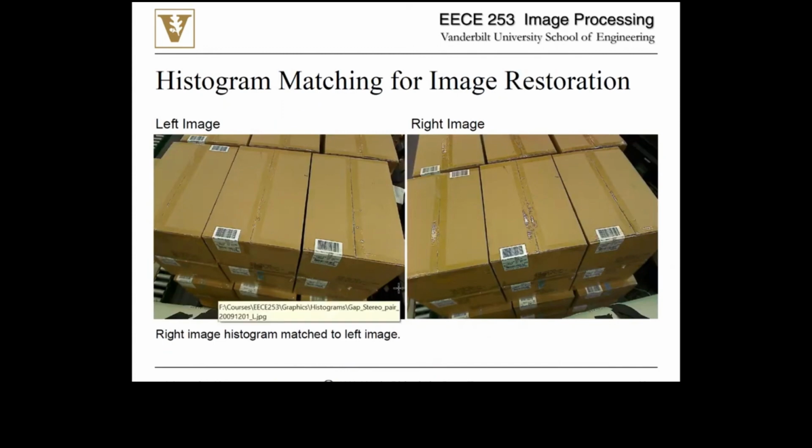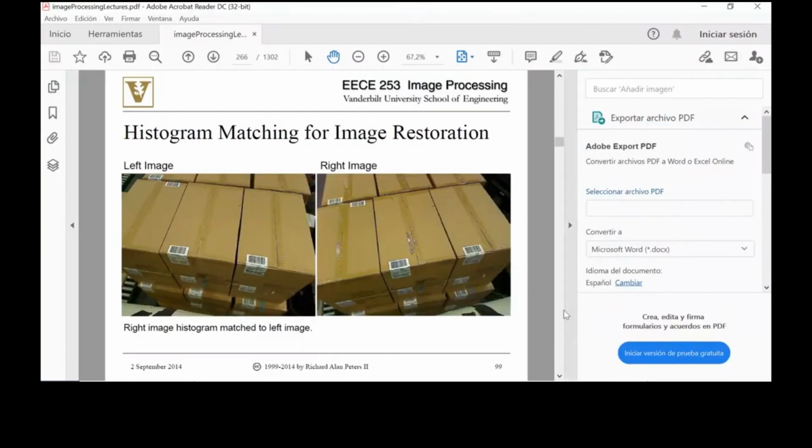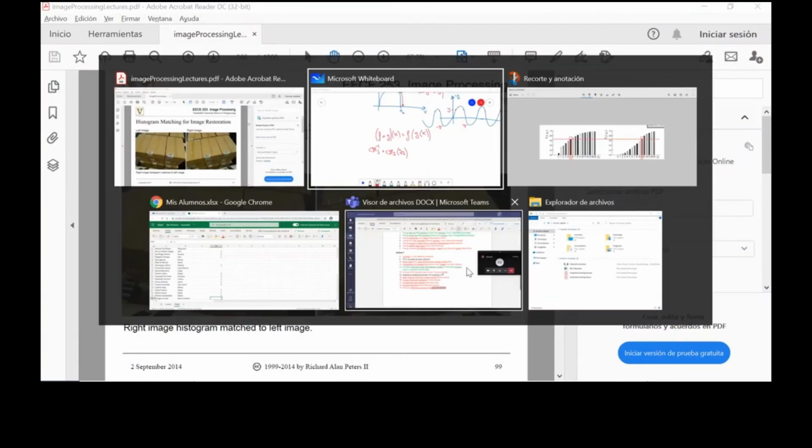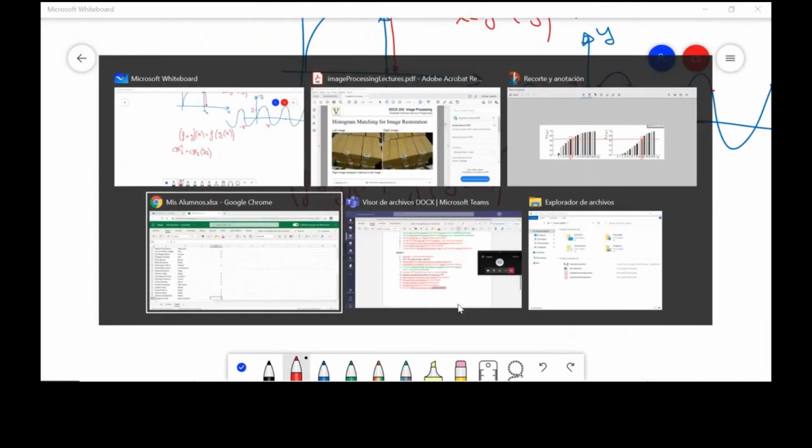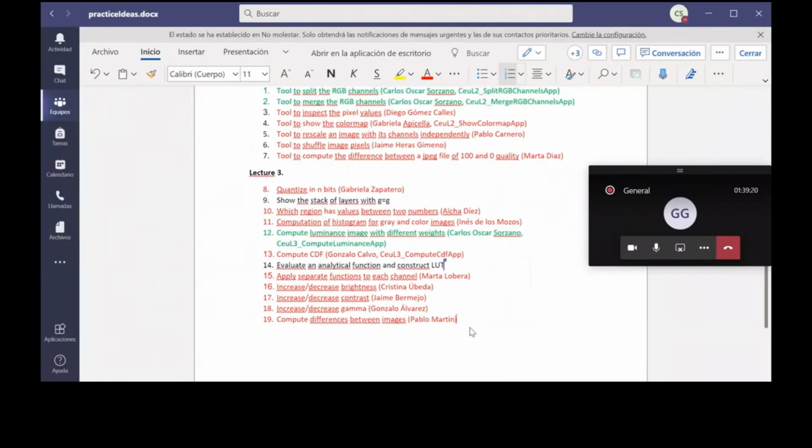Any question? No? Okay, so let's annotate all the possible practices that you can do here that I have in mind. Compute differences between images.